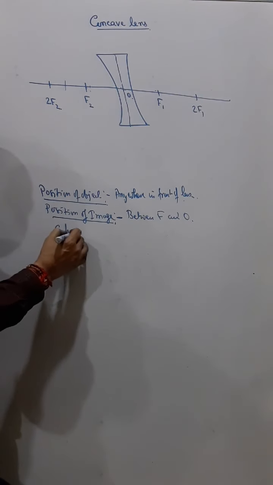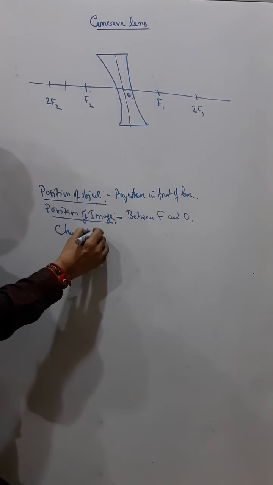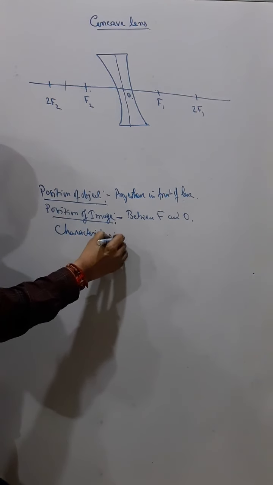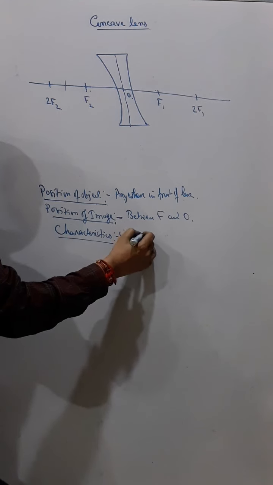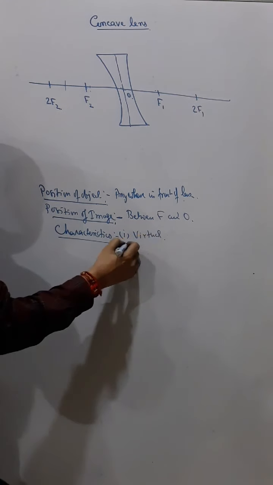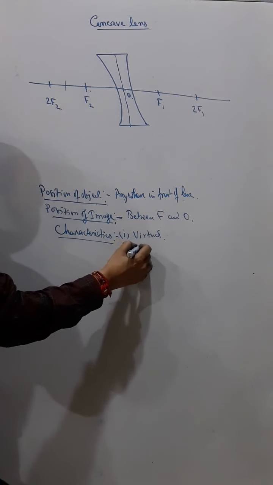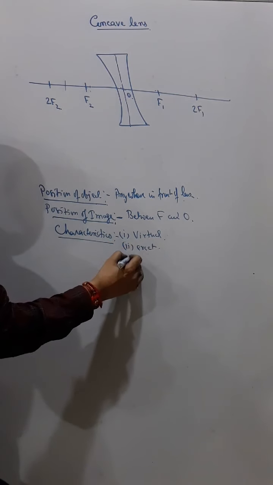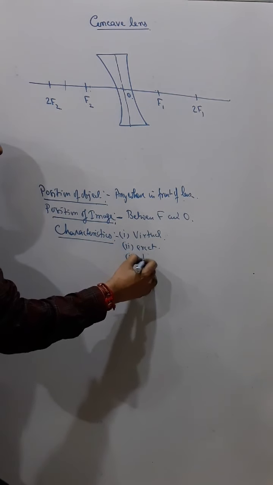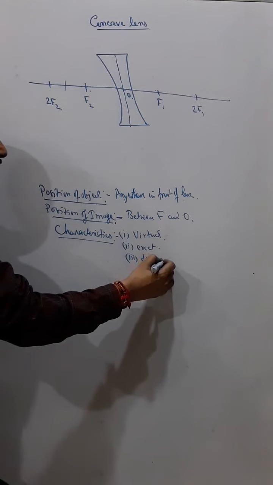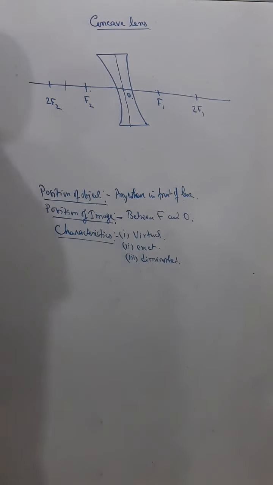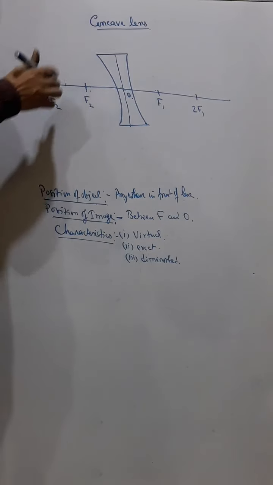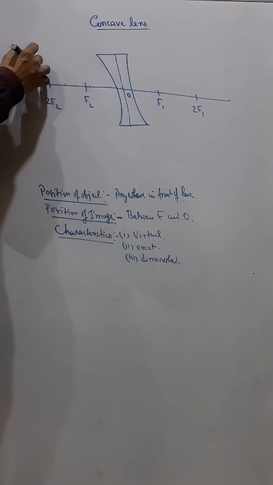And the characteristics: it is always virtual, it will be erect, and it will be diminished, means smaller.